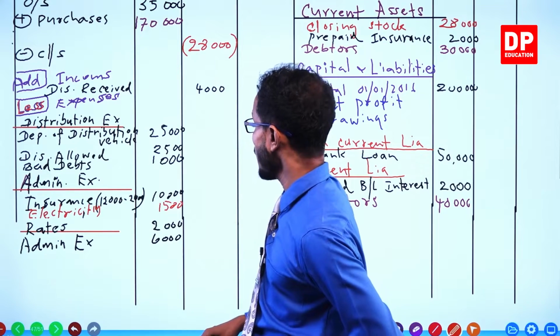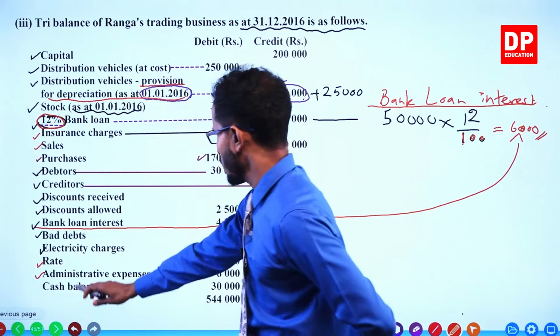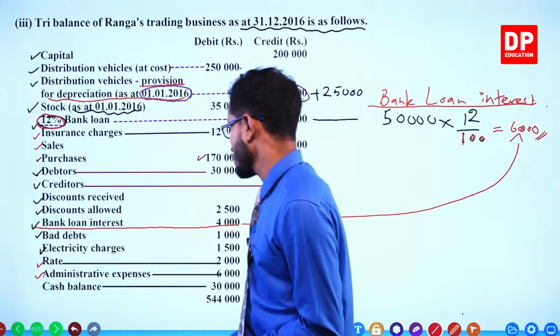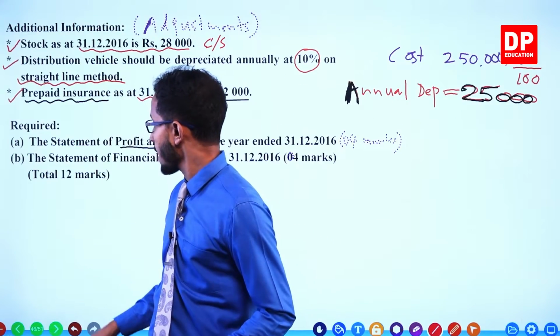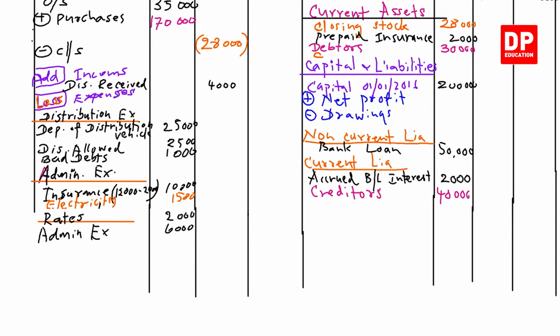Yes, I can remember. Let's go and check. Rates 2,000, admin expenses 6,000, and cash balance, finally it's 30,000. Cash balance goes to the SOFP. Cash 30,000.